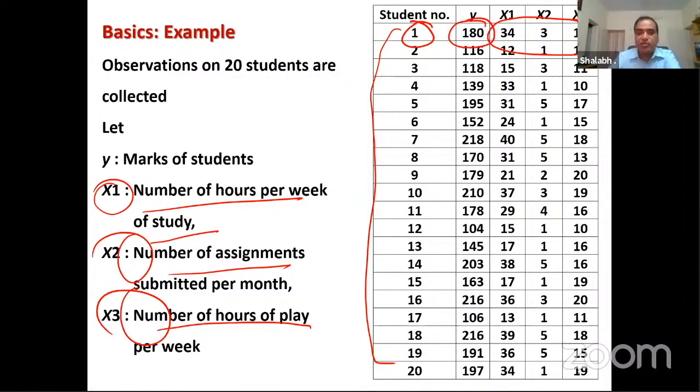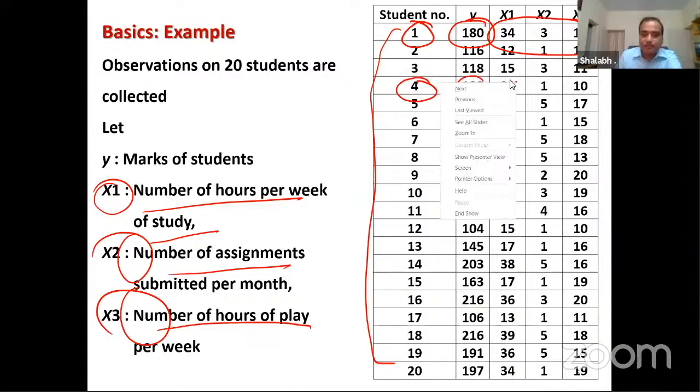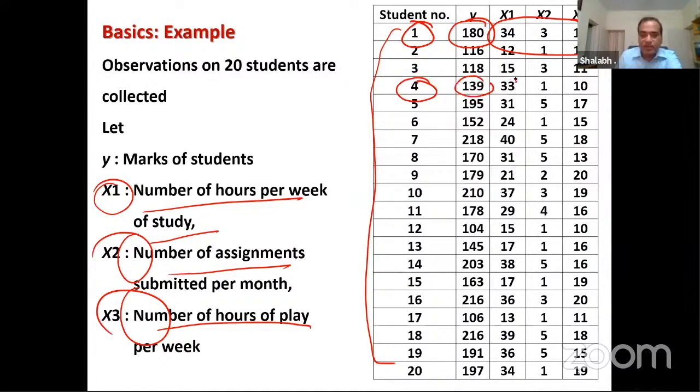For example, number 4 here: that student has got 139 marks, studied 33 hours in a week, submitted only 1 assignment, and played 10 hours in a week, and so on. This is only an artificial example that I have created.